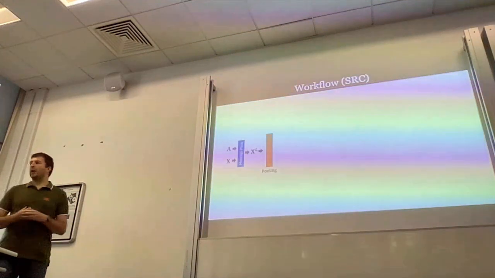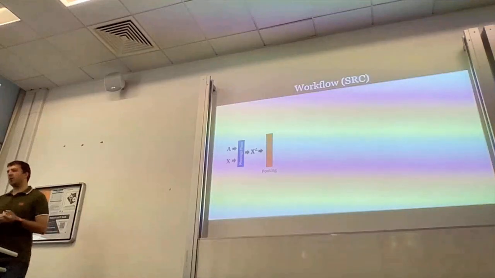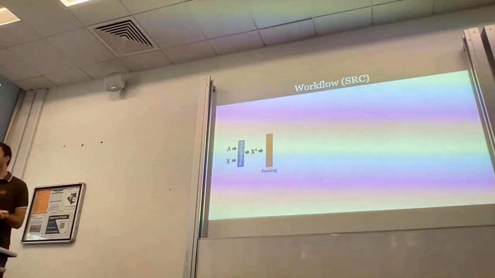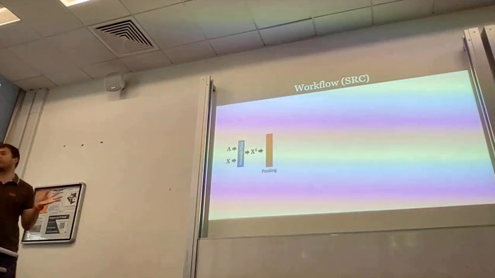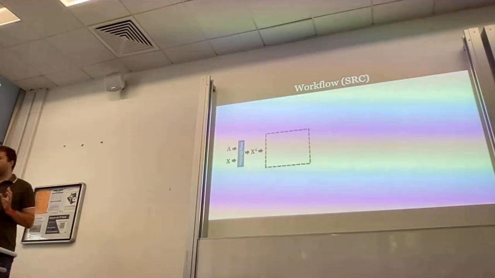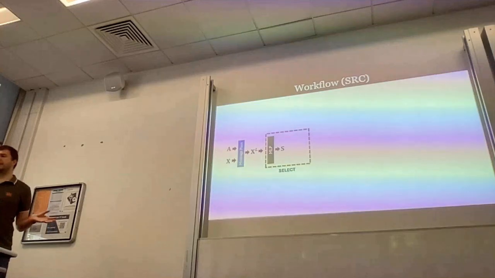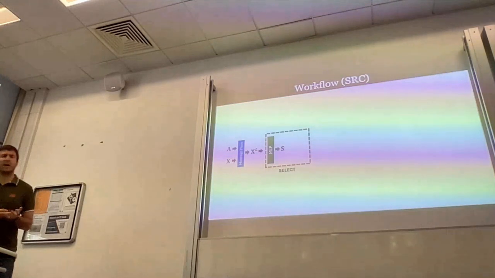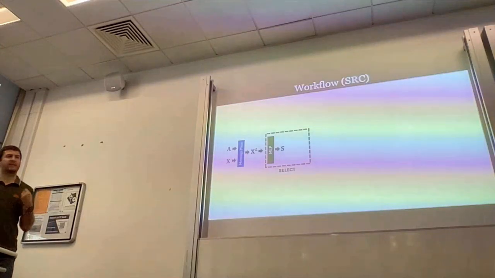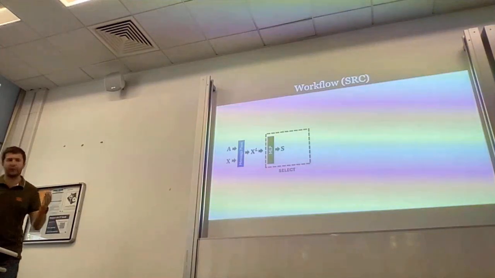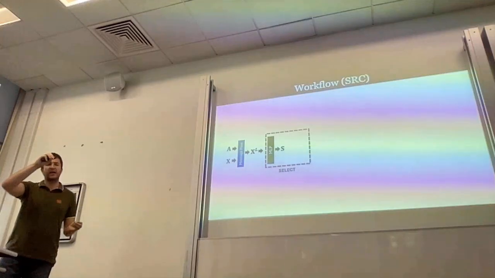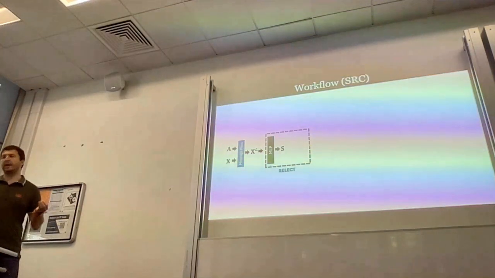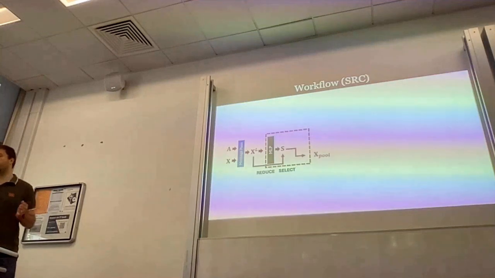Let's see now the workflow of this kind of pooling operators under the select, reduce, connect perspective. The first step is that the select takes these node embeddings and computes this cluster assignment. You can think about it really as identifying this sort of assignment, deciding where each node ends up. So it's really a select.